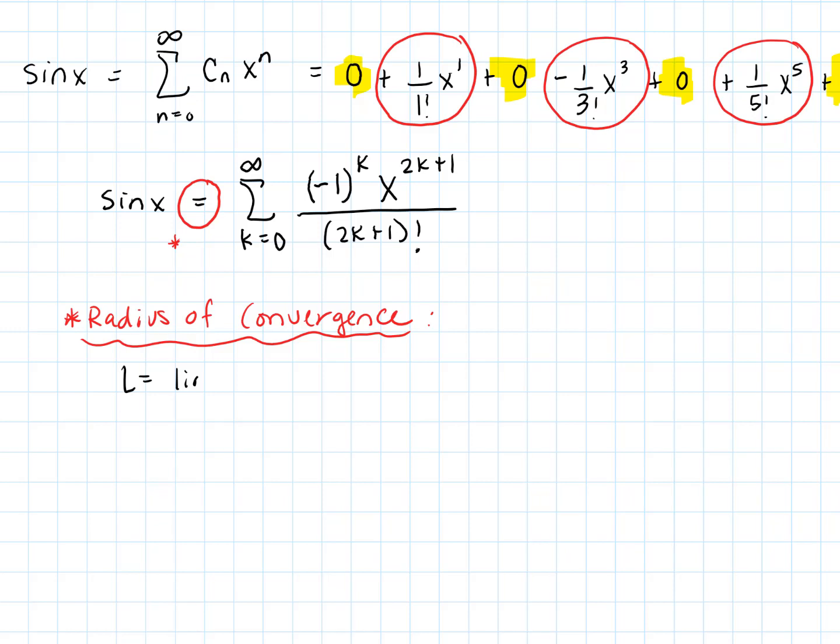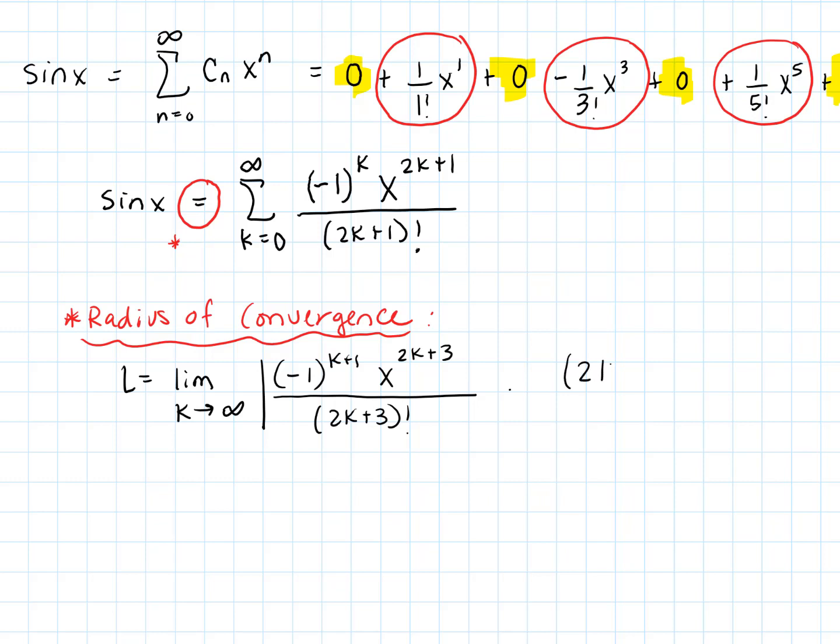Take L equal to the limit as k approaches infinity of -1 to the k plus 1. We're going to have x to the 2k plus 3 when I plug in k plus 1, over 2k plus 3 factorial, times 2k plus 1 factorial over -1 to the k and x to the 2k plus 1.